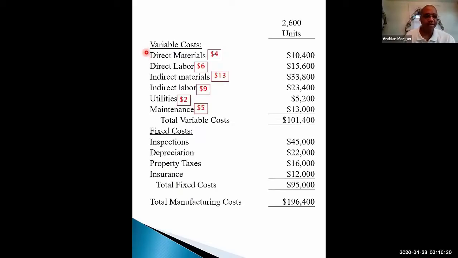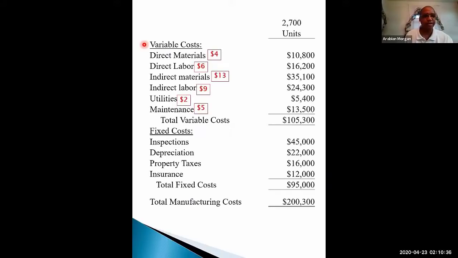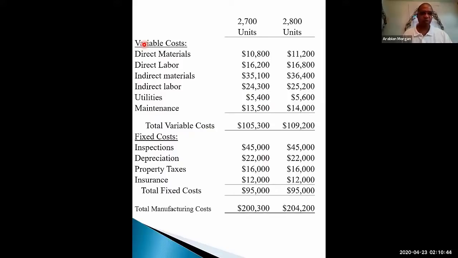So if you can do that column, I'm assuming you can do the other columns. So I'm going to put up the remaining columns here. So this is our 2,600 unit and 2,700 unit columns.